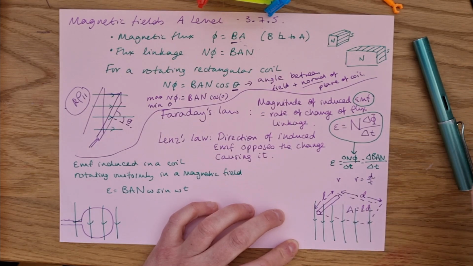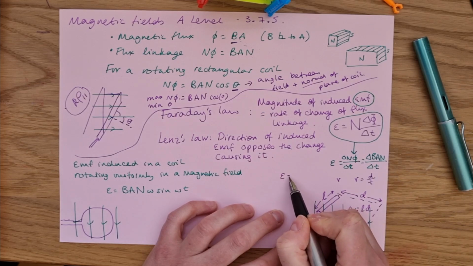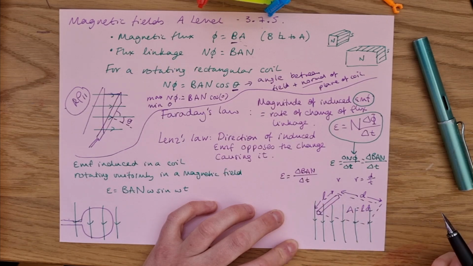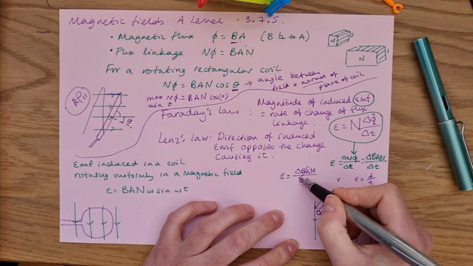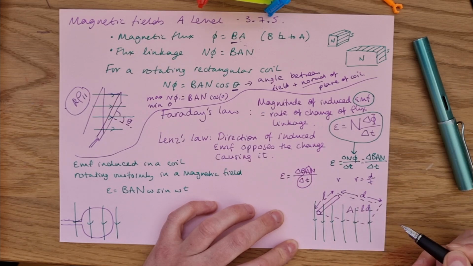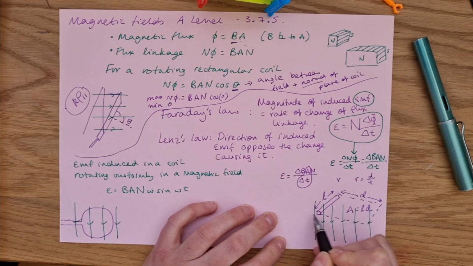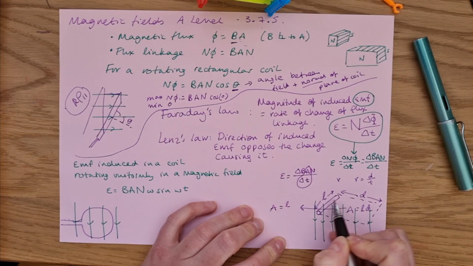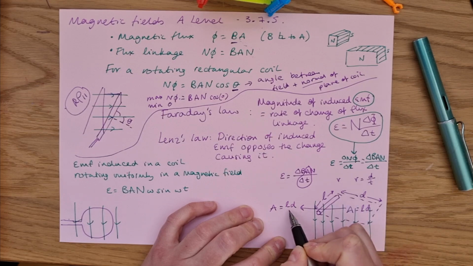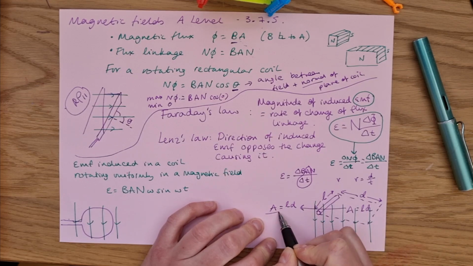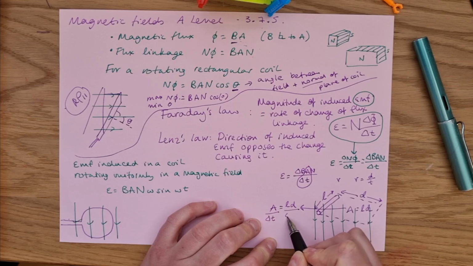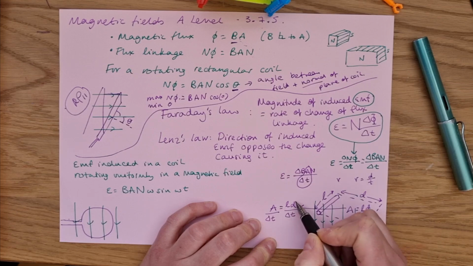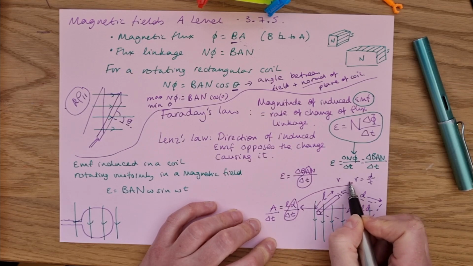Now, a little bit of jiggery-pokery: if E is the change in BAN divided by the time taken for that change, and I look at this section of it, area divided by the time taken, that is equal to the length times the distance travelled. If I divide that by the time, I get length times distance divided by time, and this bit I can sub out for the velocity of the wire.